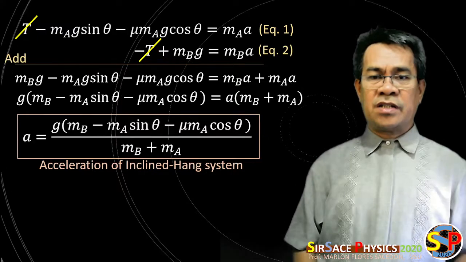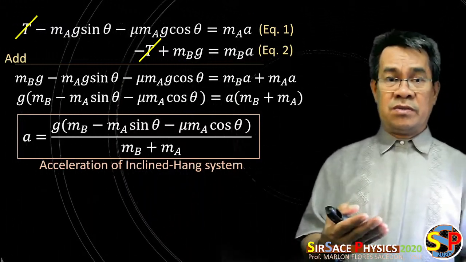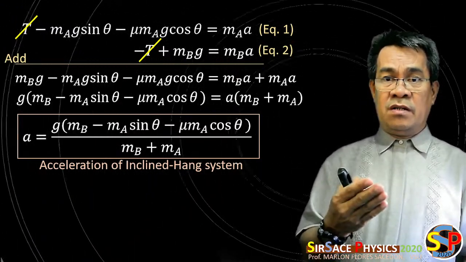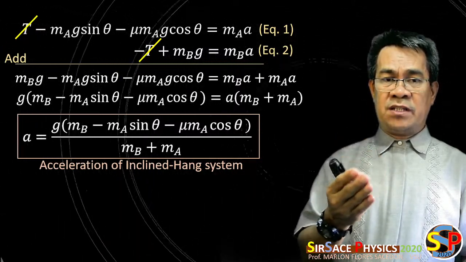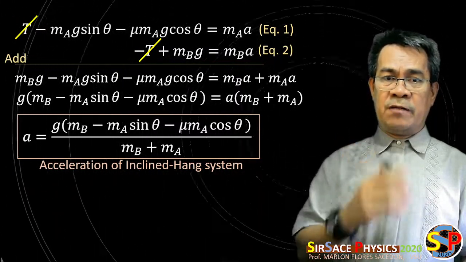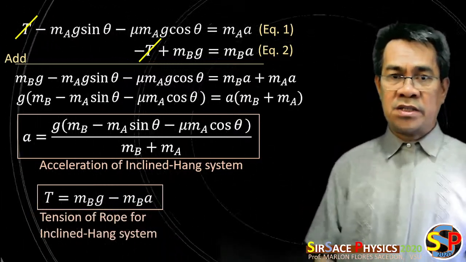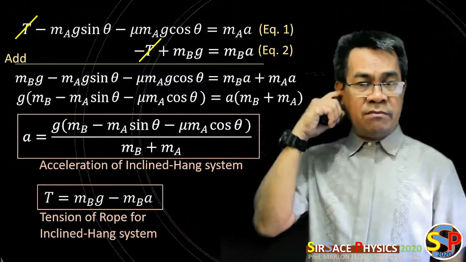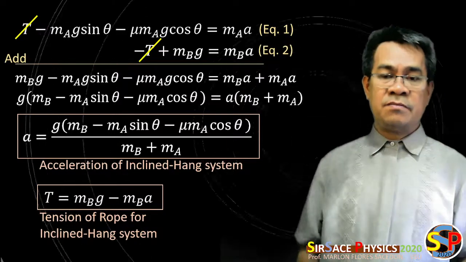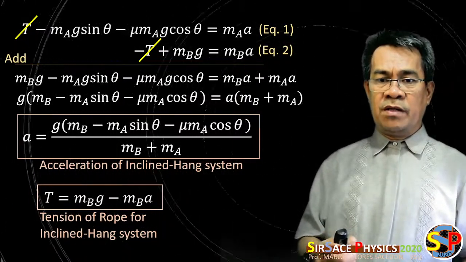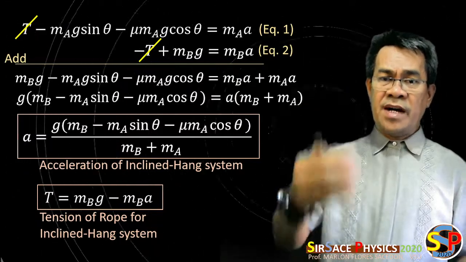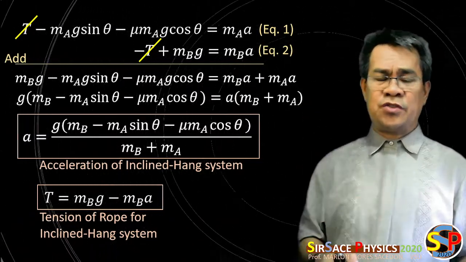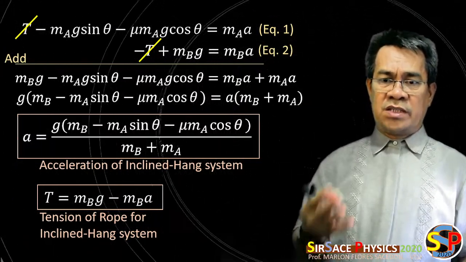Now the tension can be solved using equation 1. Although you can use equation 1 or 2, for simplicity we use equation 1. Solving for T, we come up with T equal to mA times g sin theta plus mu mA g cosine theta plus mA a. So this is the tension of the rope for the inclined-hang system. These are the formulas, the relations that can solve for acceleration and tension.